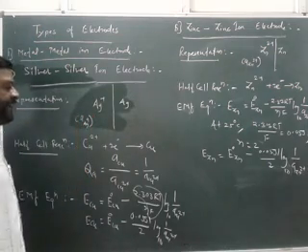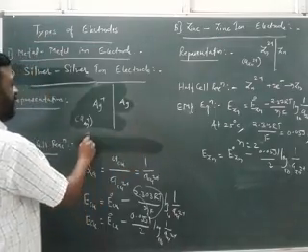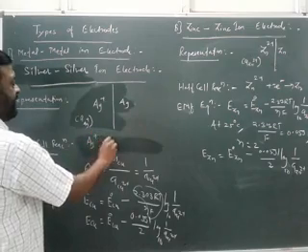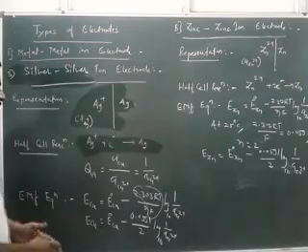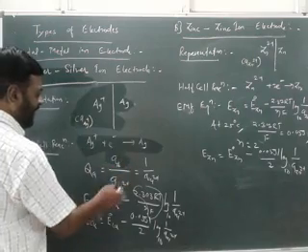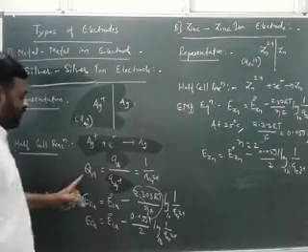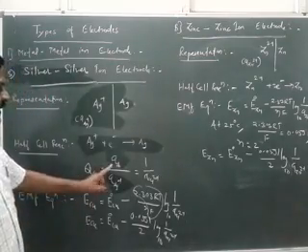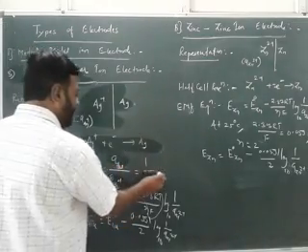The half cell reaction: Ag+ + e- gives Ag. QA is the activity of the product, silver, divided by the activity of Ag+. The activity of Ag is equal to 1. So 1 divided by the activity of Ag+.